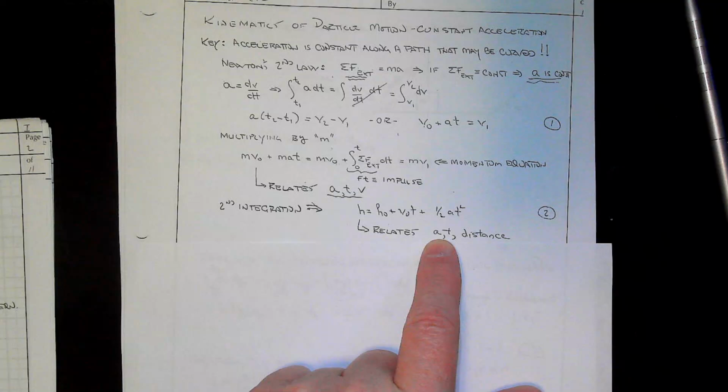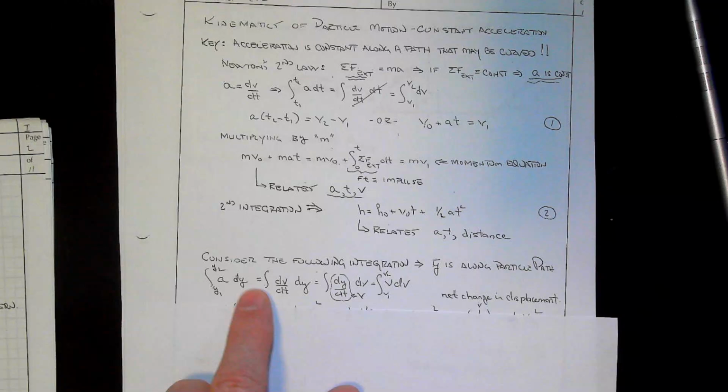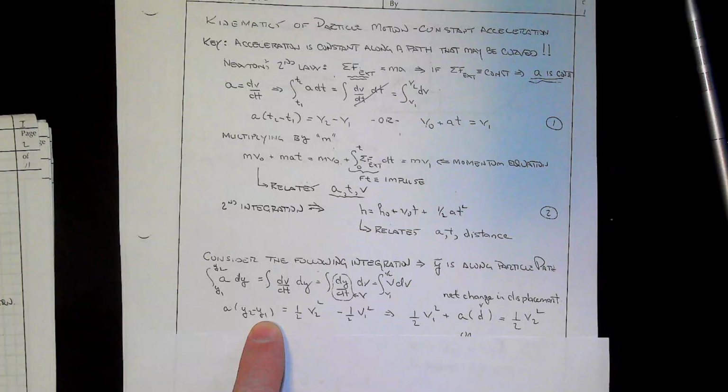So very quickly, just to go over, where do these equations come from? Principally, we need to be aware of Newton's second law, F equals ma, where we're saying acceleration is constant. That would mean, if it is constant, and we're dealing with constant mass, the sum of the forces would be constant as well.